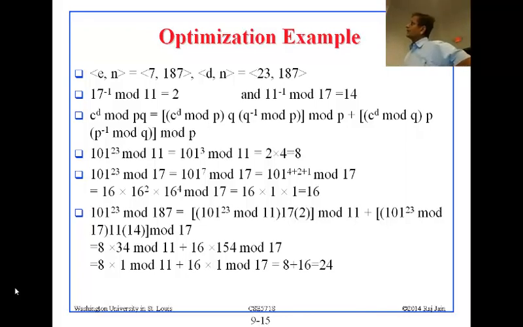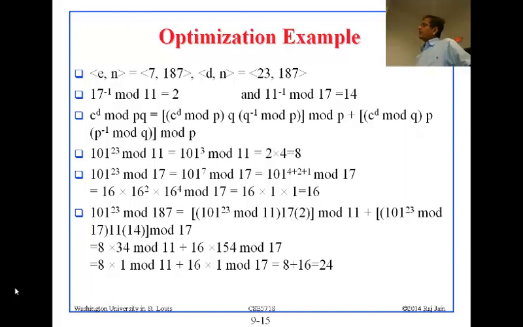So in our example that we just finished, the keys are 7, 187 and 23, 187, right? We calculated those two keys. So we first call this P and this Q. So find out Q inverse mod P. There is already an error here.